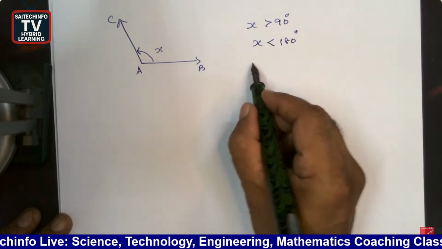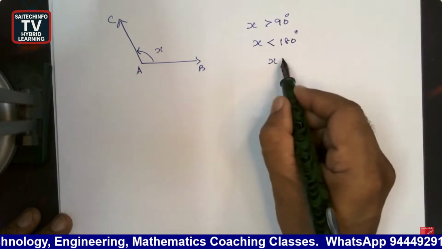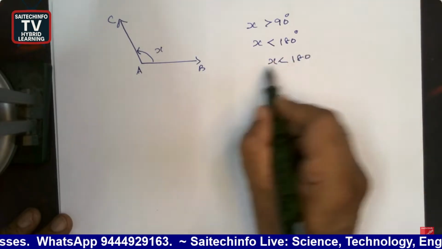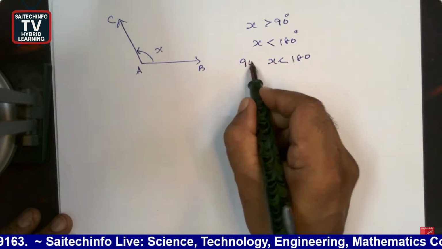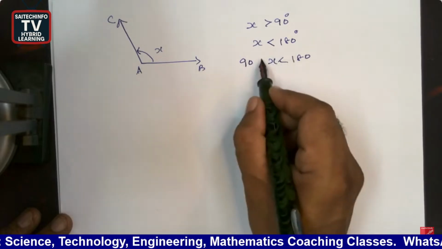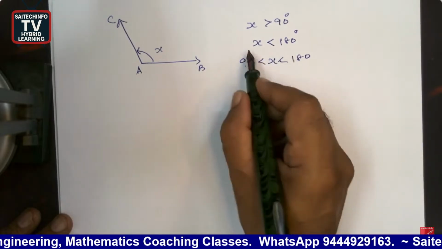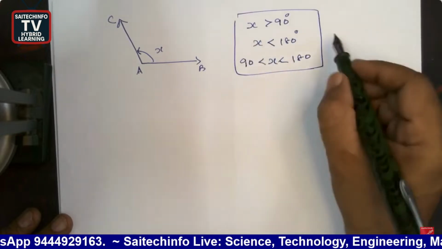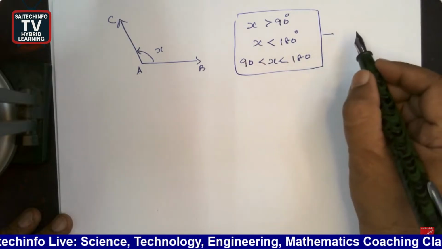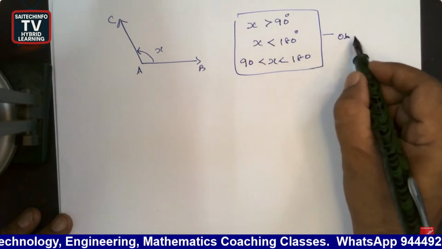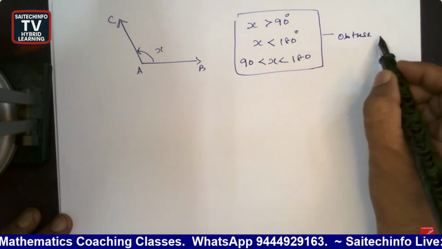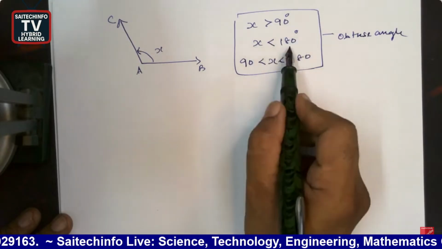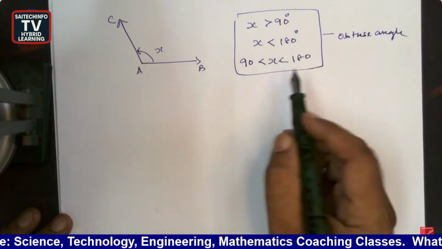So this can be represented as X is less than 180 degrees and 90 degrees is less than X. This type of angle is called an obtuse angle. It means X is greater than 90 degrees and less than 180 degrees.